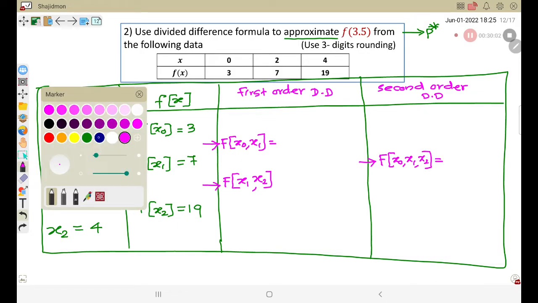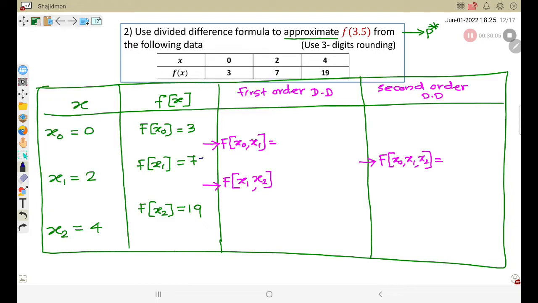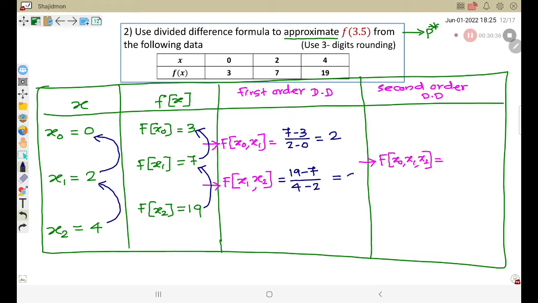So we will calculate the numbers. First f of x0, x1: this number minus this number, 7 minus 3, divided by 2 minus 0, which equals 2. Now f of x1, x2 means 19 minus 7 divided by 4 minus 2, which equals 6.